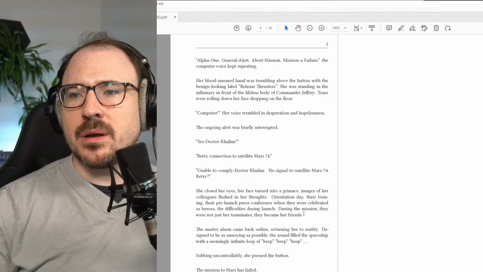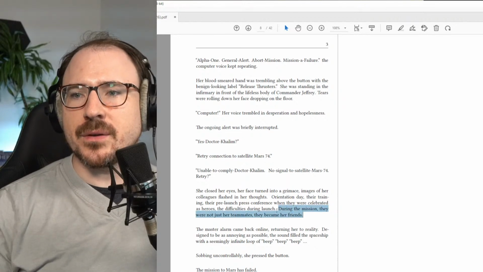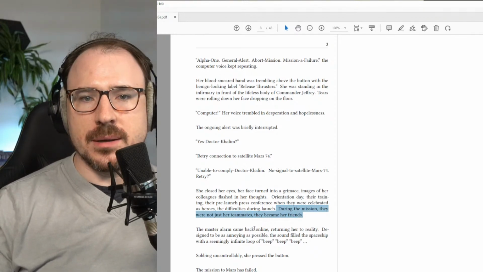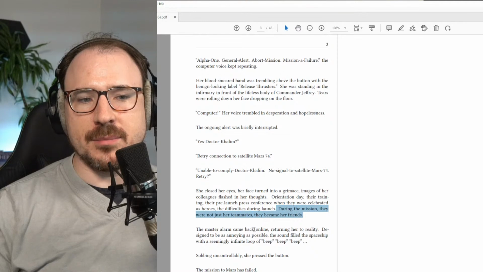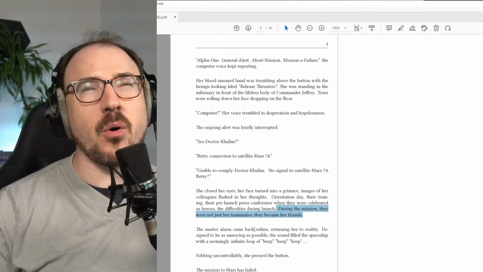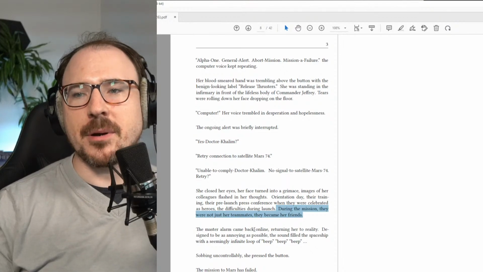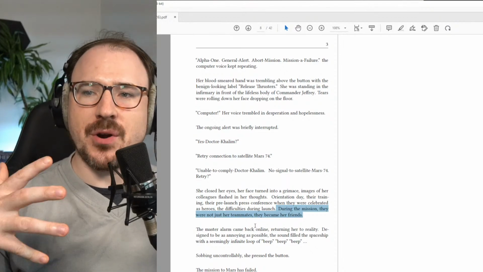And also here, I think this is weak. During the mission, they were not just her teammates, they became her friends. Sure, but that is not something you think about in those abstract terms.